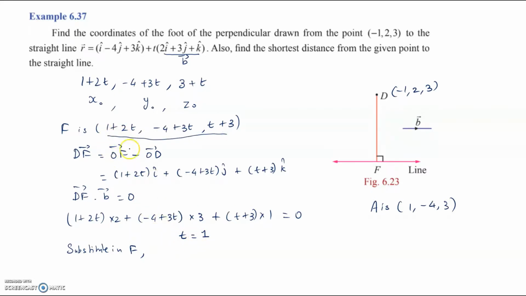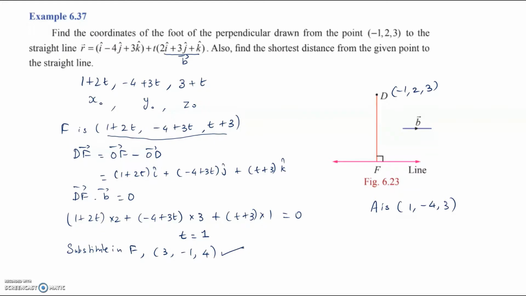Okay, so substituting this, you will get our f as 3, minus 1 and 4, right? So this is our f. So we have our point f. We were asked to find this point, so we already found the point.